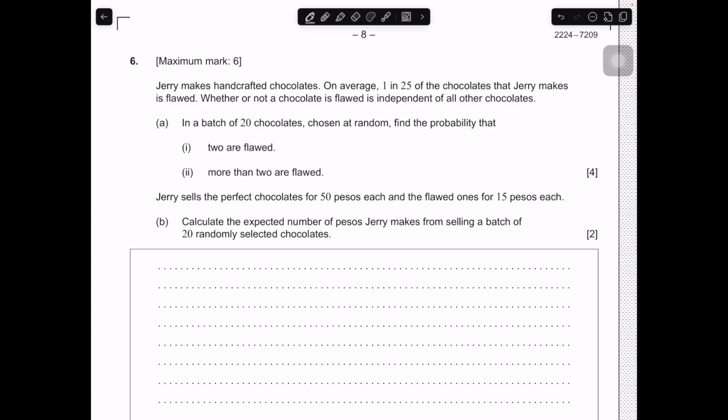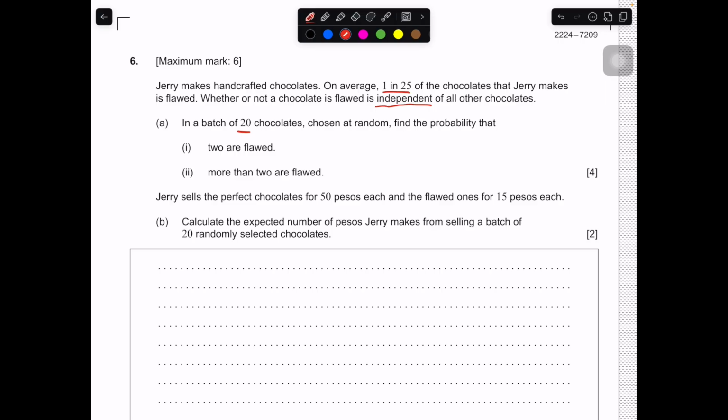We have a statement of probability right here that 1 in 25 of the chocolates that Jerry makes is flawed. We have a statement that the probability that one is flawed or another is flawed are independent. That is to say, if one is flawed, it doesn't influence the probability that the other is going to be flawed. And we have a set number of trials, and constant probability across trials.